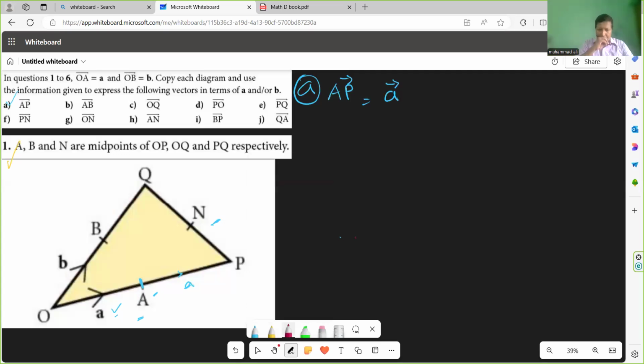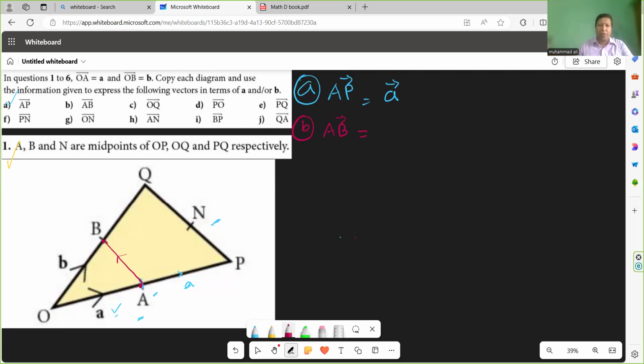Now B number, AB vector. AB is the resultant vector. What we learn is that for a resultant vector, the first vector's tail joins the second vector's head.